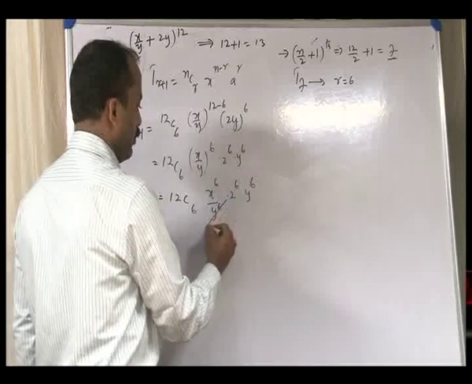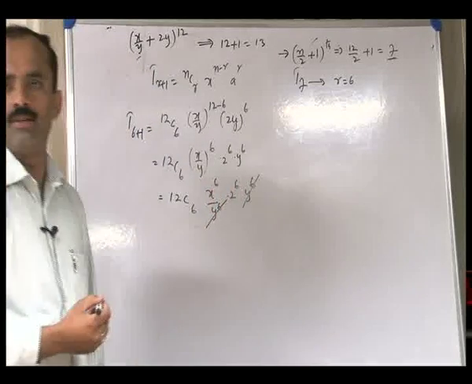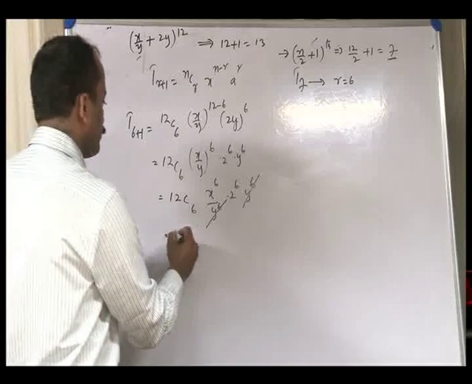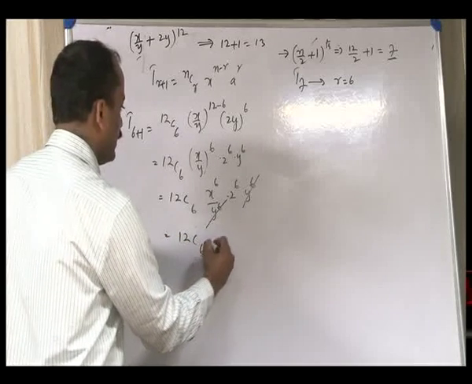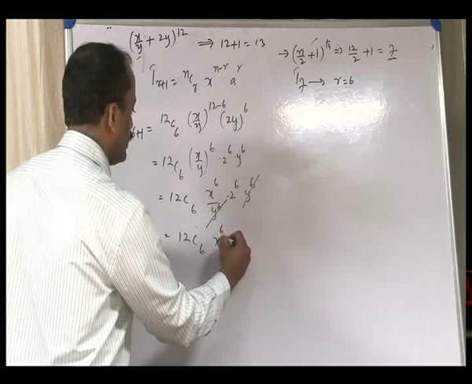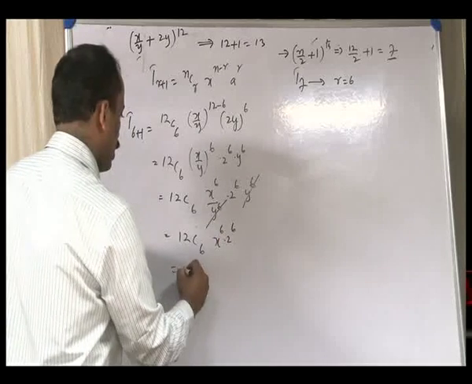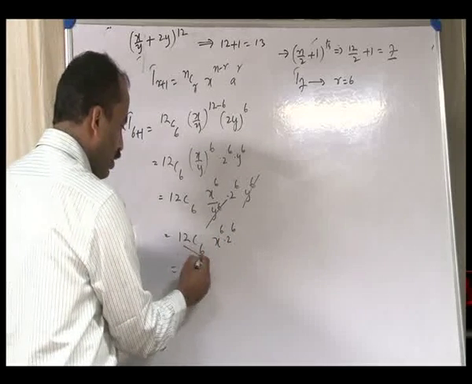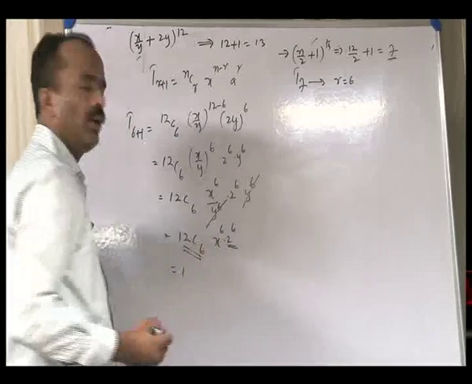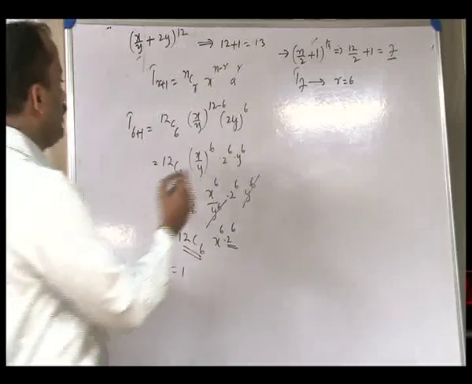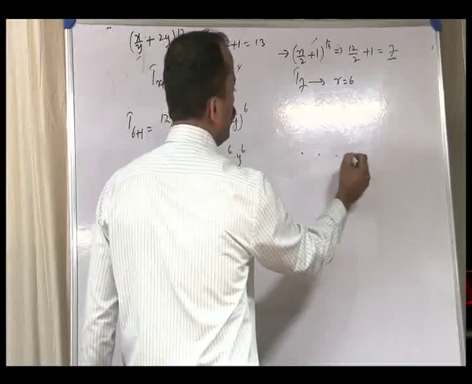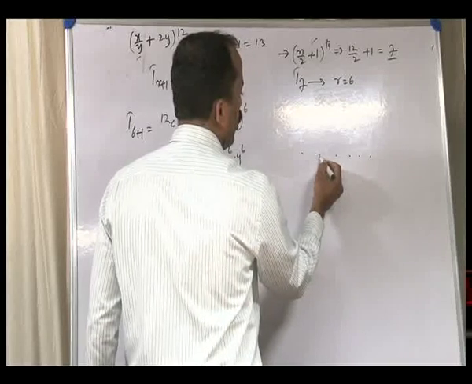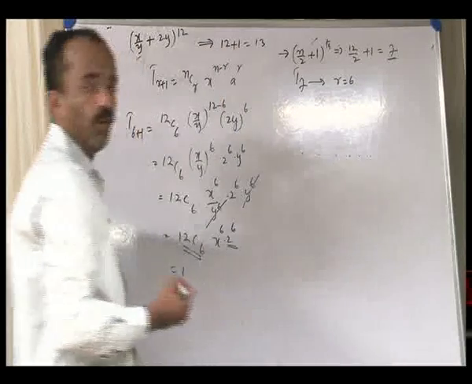Now, y power 6 cancels. So, what do we get? 12C6 into x power 6 into 2 power 6, or we can simplify 12C6 and also 2 power 6. What is 2 power 6? 2 into 2 into 2 into 2 into 2 into 2. 4, 4, 4, 64.